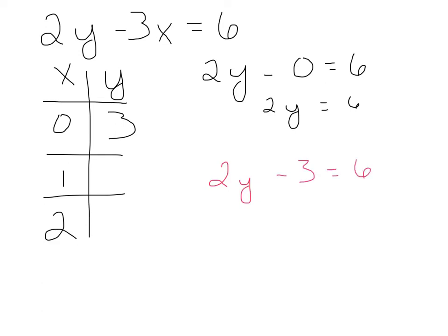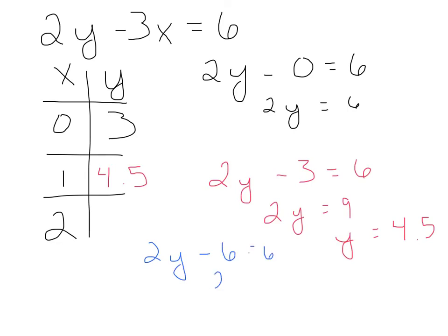So I'm going to add 3 to both sides. 2y equals 9, and y equals 9 over 2, which I'm going to keep as a decimal in this case, 4.5. And then last but certainly not least, when I make x equal to 2, 2y minus 6 equals 6, 2y equals 12, and then I would get y equals 6.